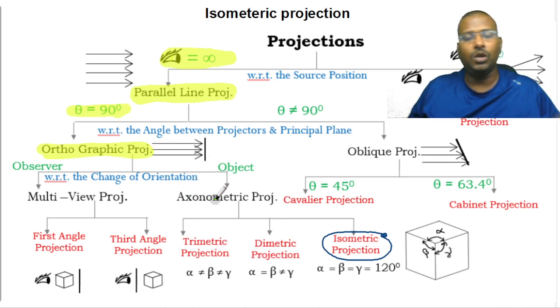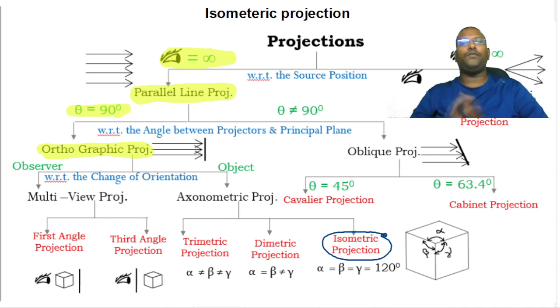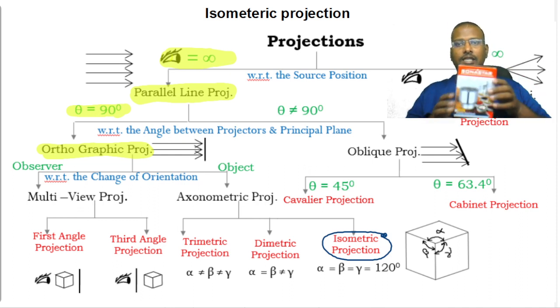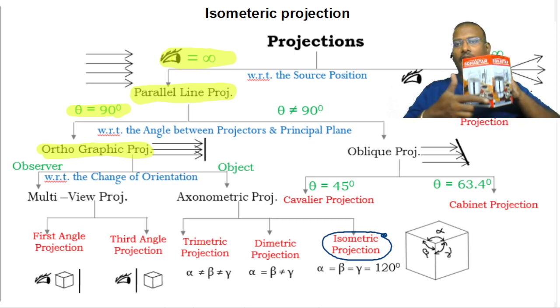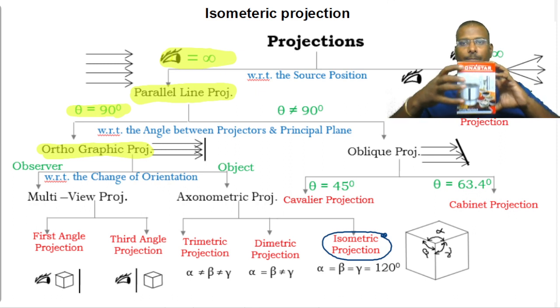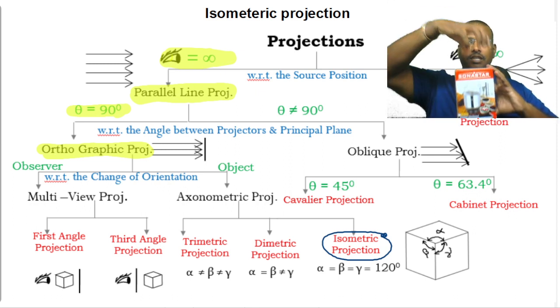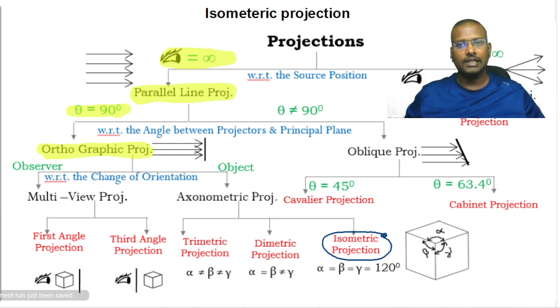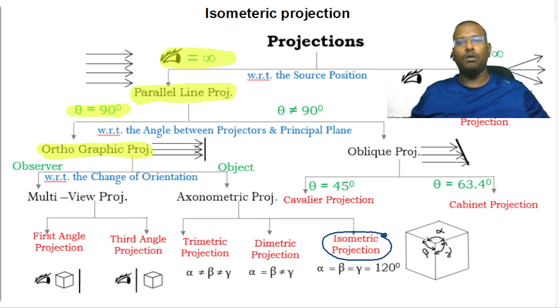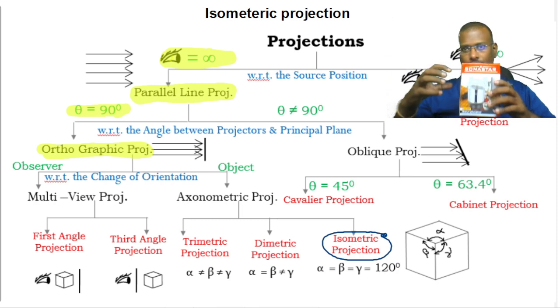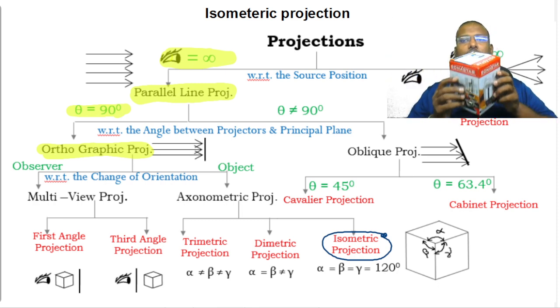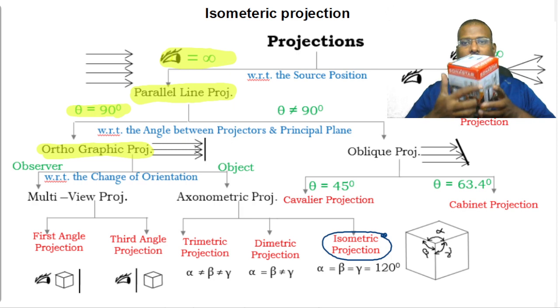Next, in order to get the complete information of an object, there are two ways. Let us consider an object. It has length, height as well as breadth. In order to get the complete information, if the observer changes position, then it comes under multi-view projection, which we came across in the previous videos. But what is the other way? The observer is not changing, but the object changes its orientation, and now we get the height, length as well as breadth.